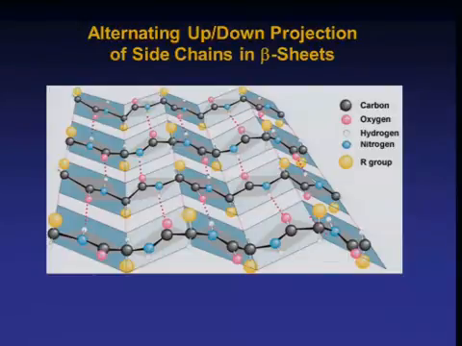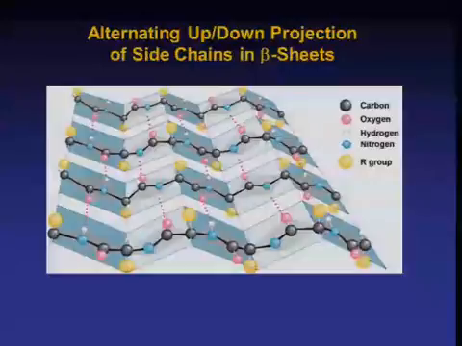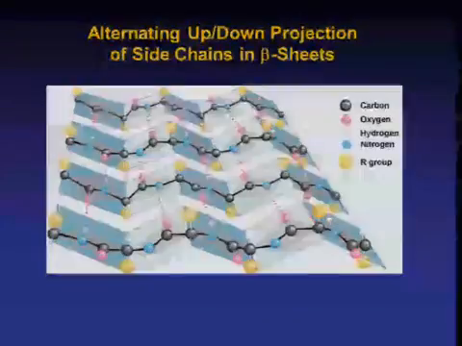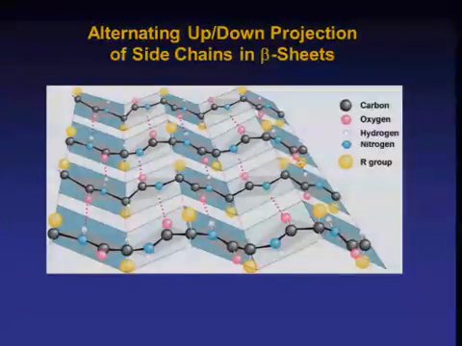So let's kind of take the kindergarten view of these structures. The kindergartner would draw a cylinder and paint maybe one side one color and another side another color.